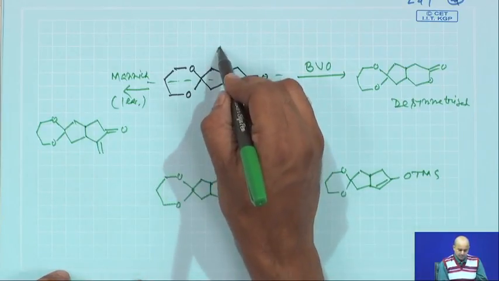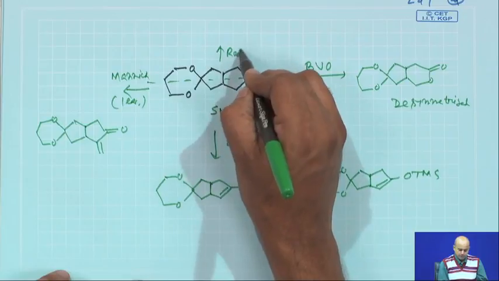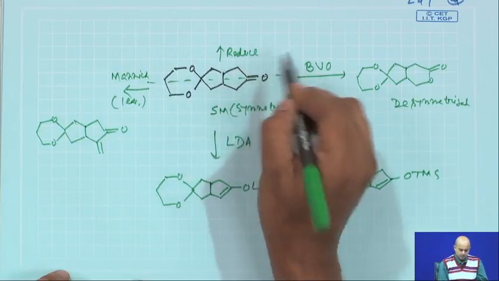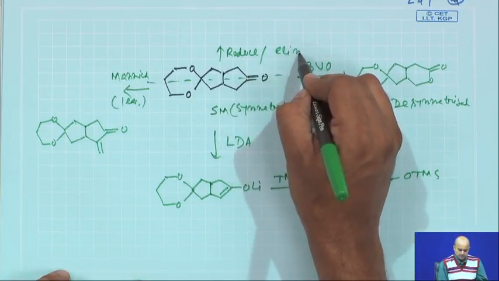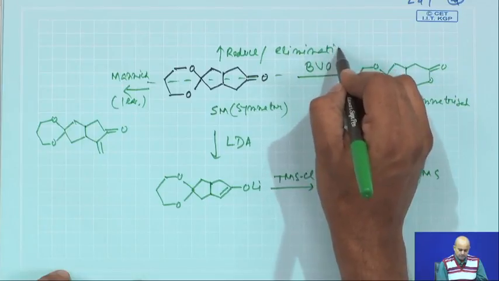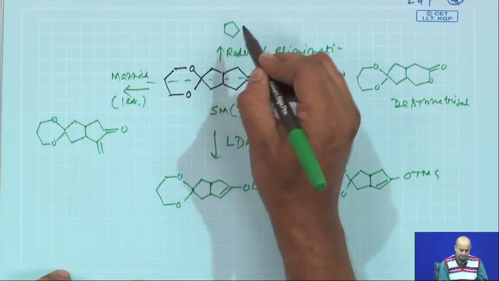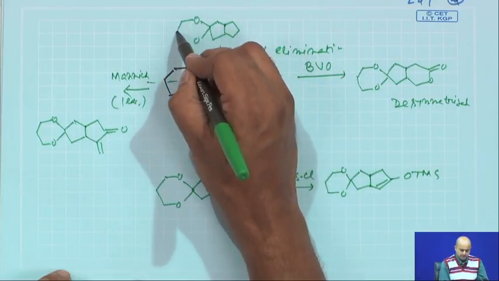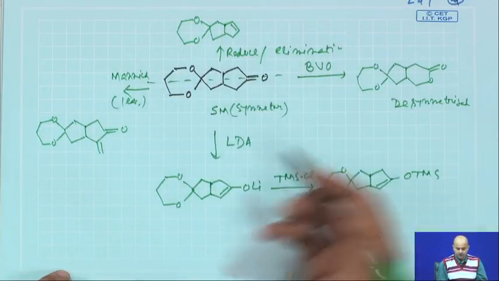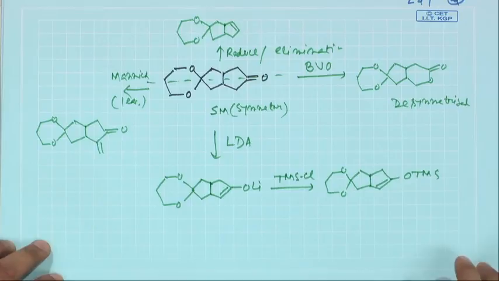The initial starting material you can simply reduce, followed by simple elimination, and you can create the alpha-beta unsaturation at this point or this point. So, this is the way you can take a symmetrical starting material and disturb its symmetry through a proper synthetic transformation.